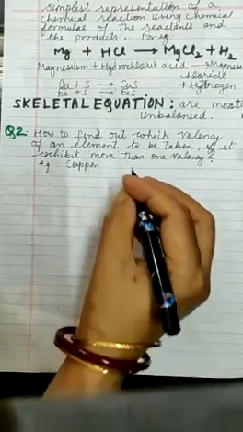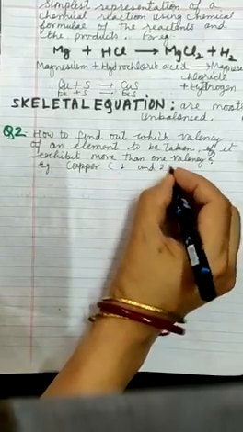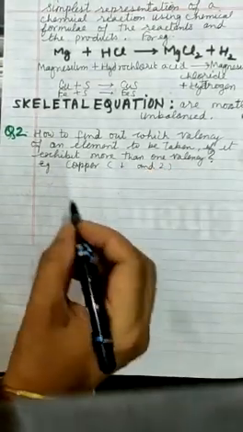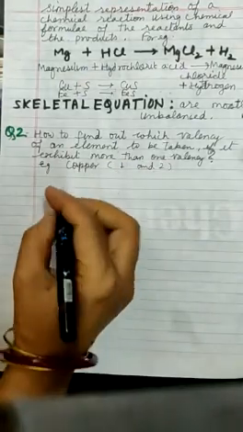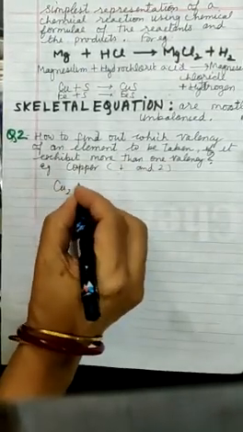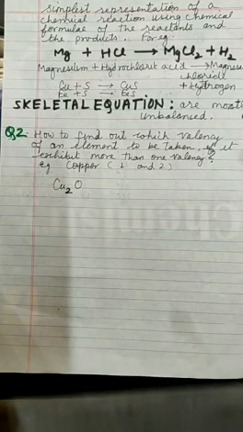Children, you know copper has two valencies, 1 and 2. So if a compound of copper is given, suppose it is Cu2O, now the question is how to understand whether this is cuprous oxide or cupric oxide.